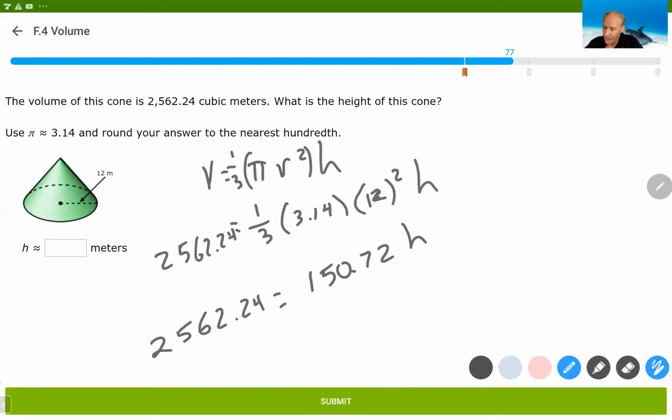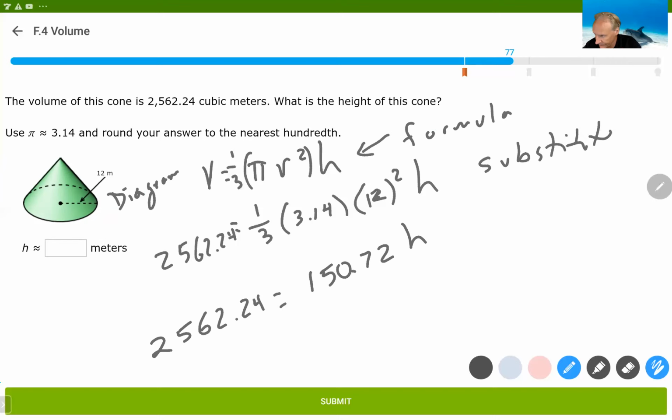Here they are. Diagram. Formula. Substitute. Simplify. And finally, solve. We divide by 150.72 on both sides.